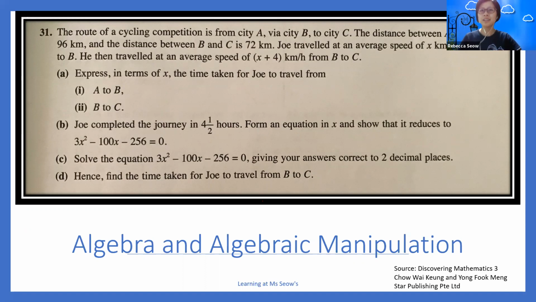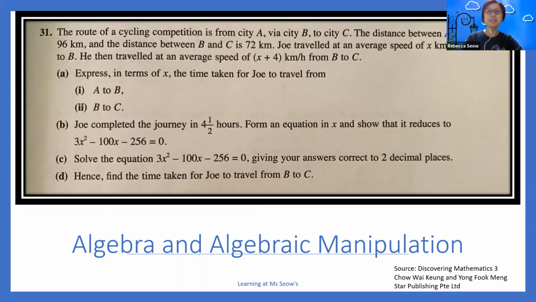Question 31. This question is taken from Discovering Mathematics 3, and it's written by Chow Wai Kiong and Yong Fuk Ming, and it's published by Star Publishing Private Limited.